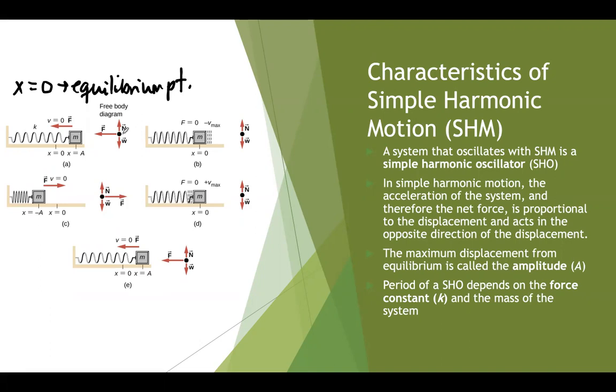Okay, notice that the normal force and the force due to gravity, or the weight of the object, are the same, so they cancel. Okay. So again, the acceleration of the system here is acting in the opposite direction of the displacement. So this object has been displaced here. So this is like D, right? The displacement. And so our force is in the opposite direction here.